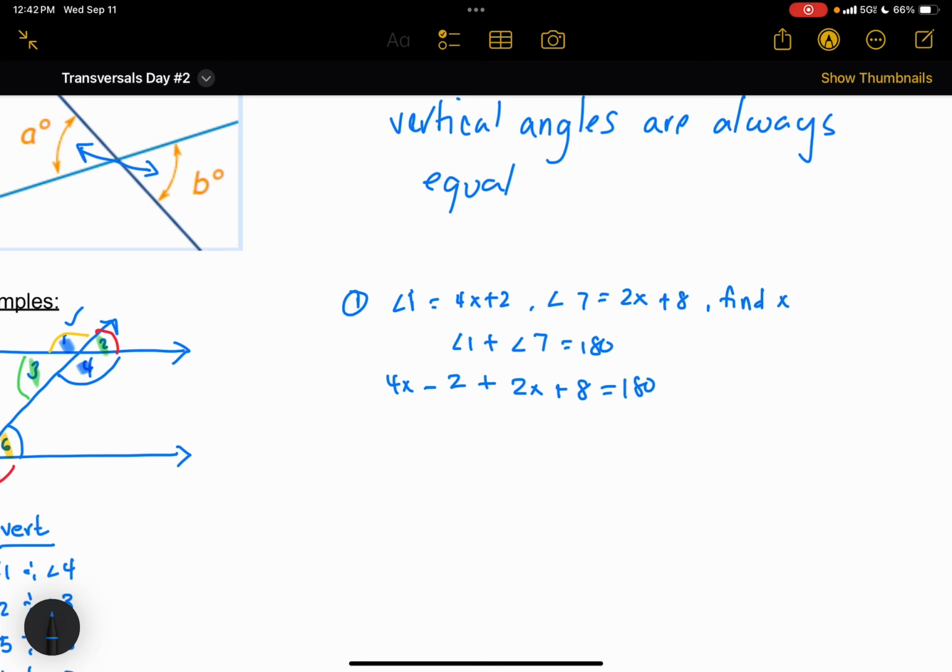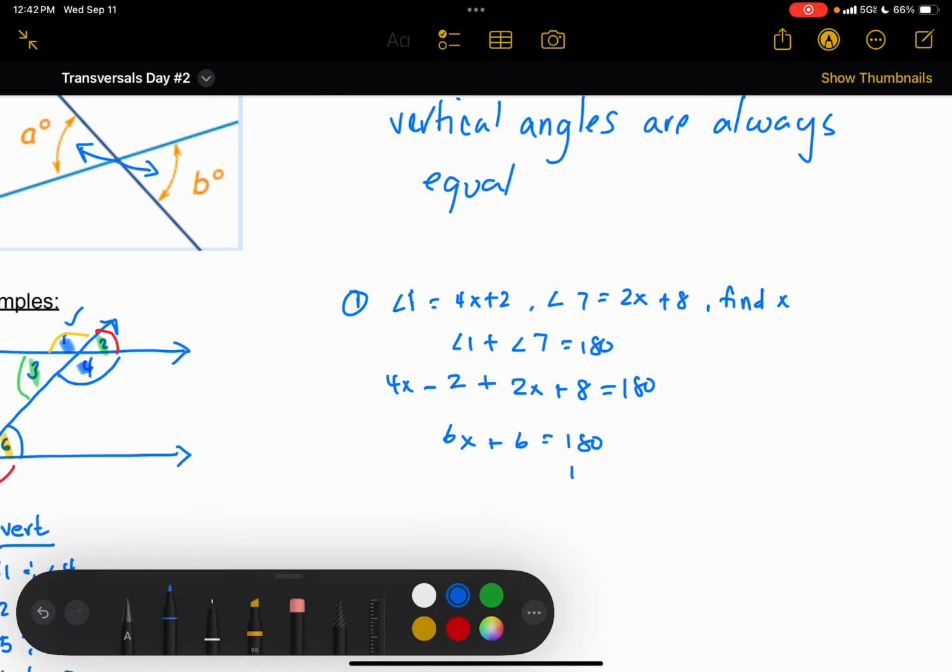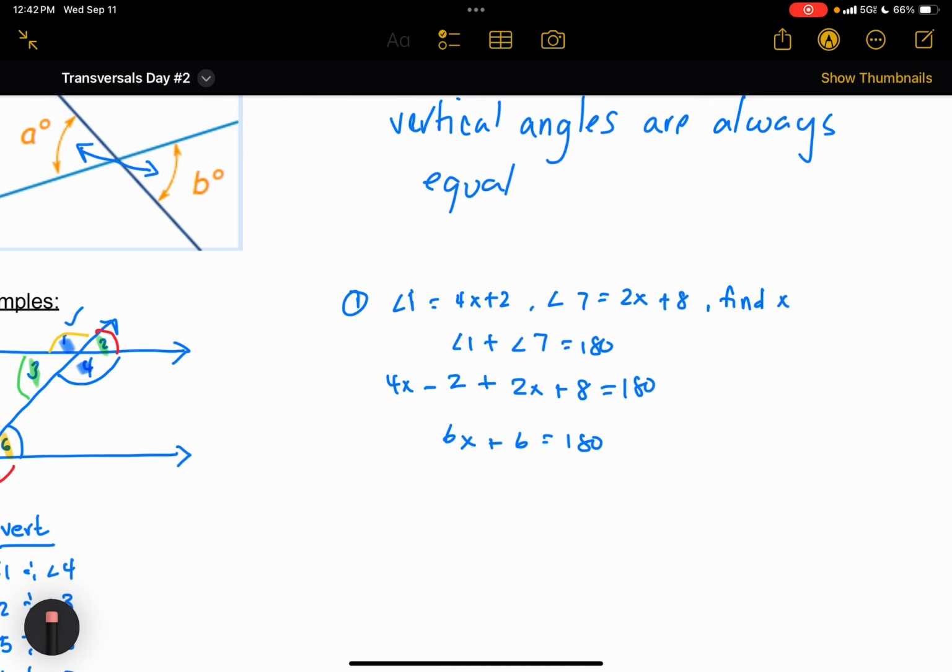So 4x plus 2x gives me 6x. 2 minus 8 gives me minus 6. To move the 6 away, I'm going to add 6. Whoops. That should be plus. My bad. I'm going to subtract 6. Tell you what, this is what happens when I do it off the top of my head.